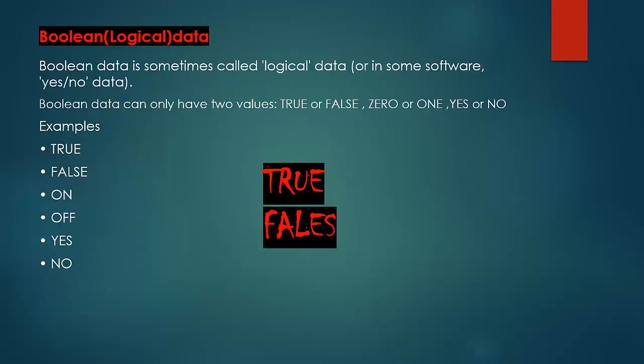Last but not least, we have the Boolean and logical, which is data that has only two values: true or false, 0 or 1, -1 or 0, yes or no, on or off. So this is for the Boolean logical.